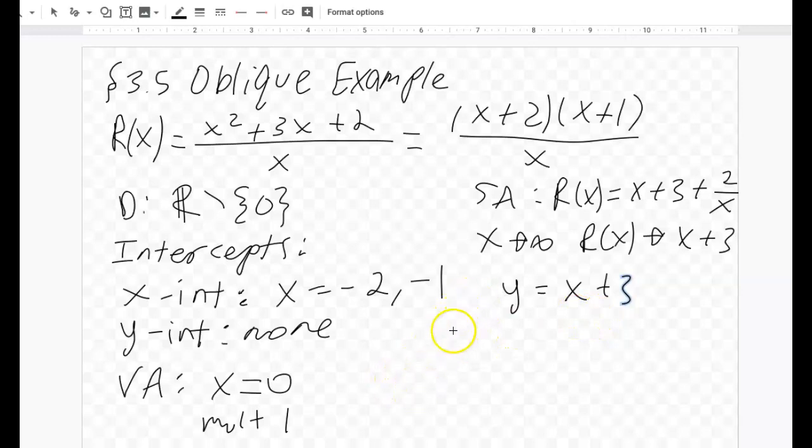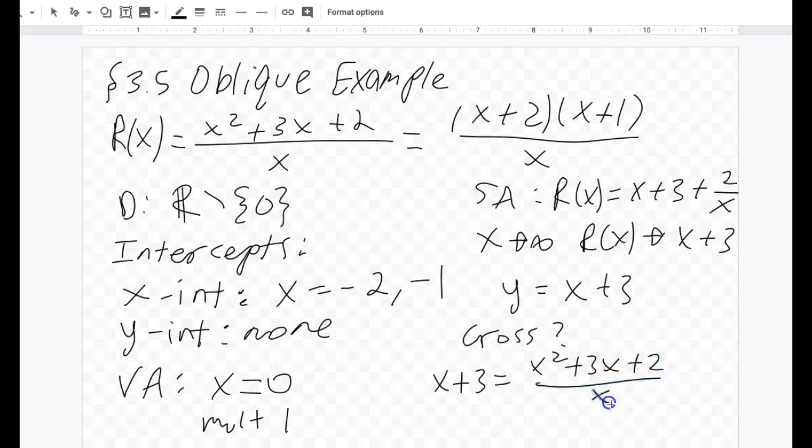Now, what we also need to do is still check to see if the curve crosses the slant asymptote. So we need to solve, let's just put cross, will it cross? So will x plus 3 equal our x squared plus 3x plus 2 over x.